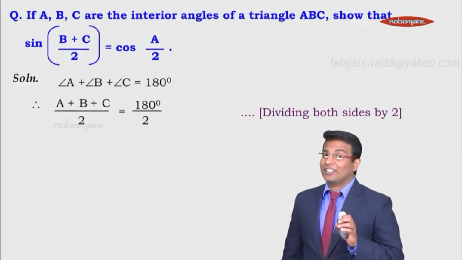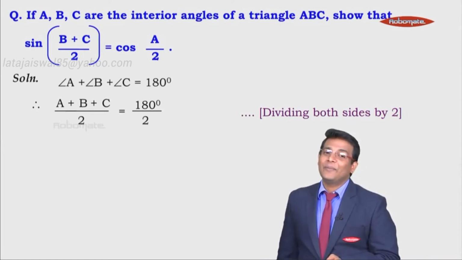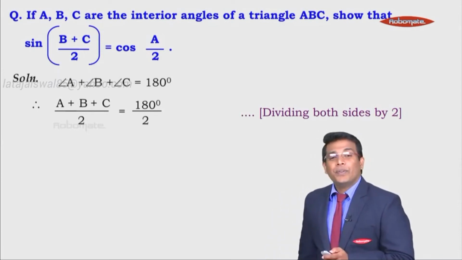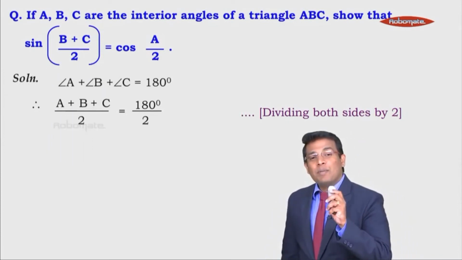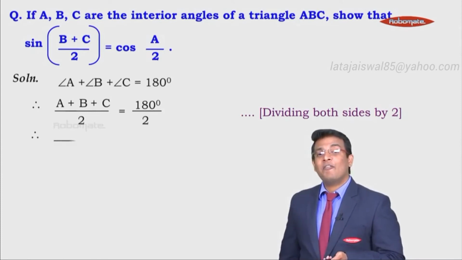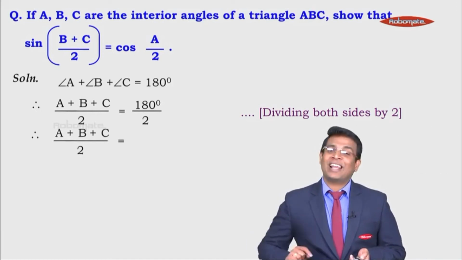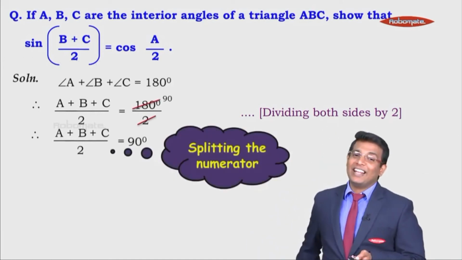The reason is dividing both sides by 2. Easy. Now you got (A plus B plus C) upon 2 on the left hand side, and on the right hand side we have 180 upon 2. You know 180 upon 2 is nothing but, when we do the cancellation, we get the answer as 90.